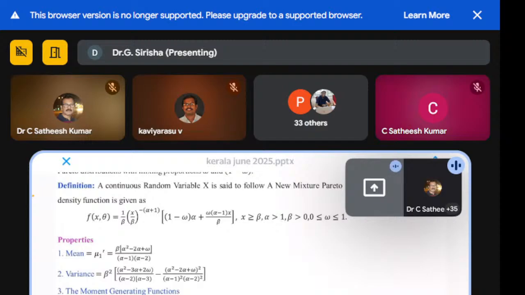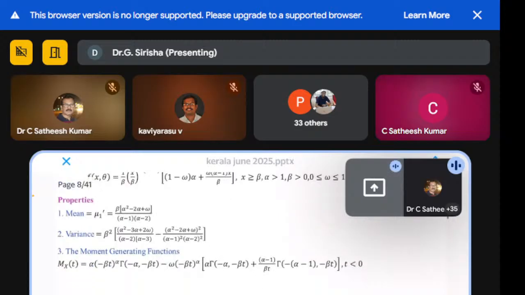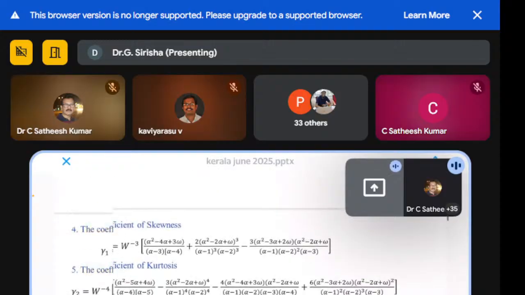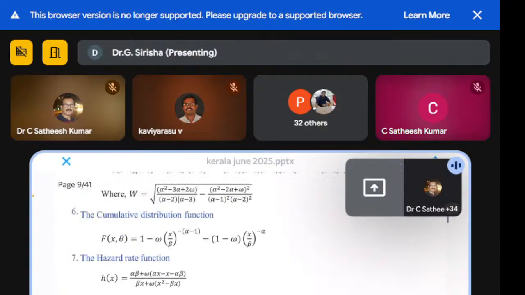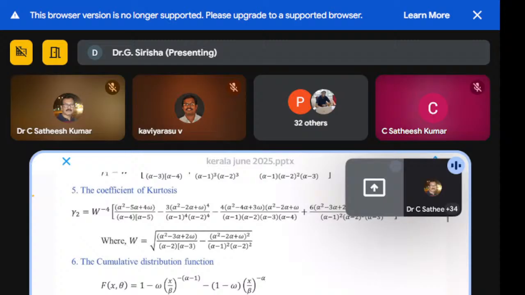Properties of this distribution are derived: the mean is beta into (alpha square minus 2 alpha plus omega) by (alpha minus 1) into (alpha minus 2). Likewise, variance, moment generating function, coefficient of skewness, kurtosis, cumulative distribution function, hazard rate, all these properties they have obtained.